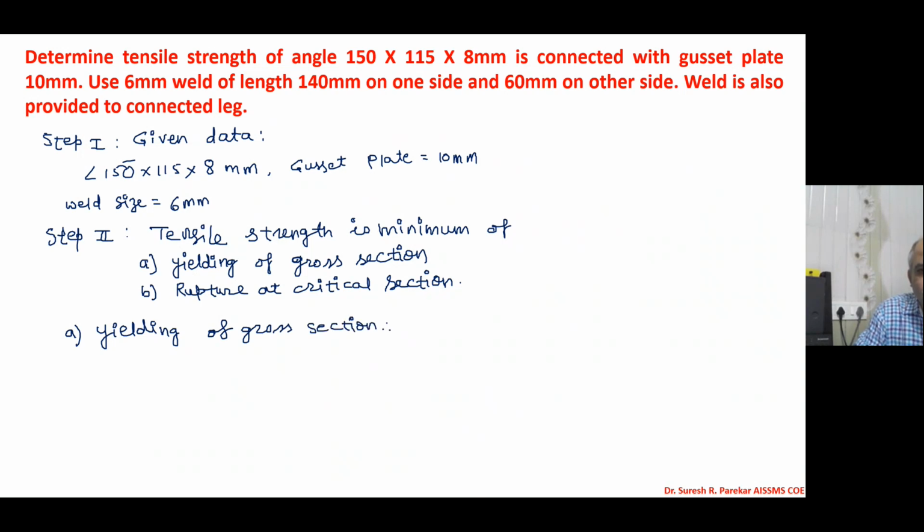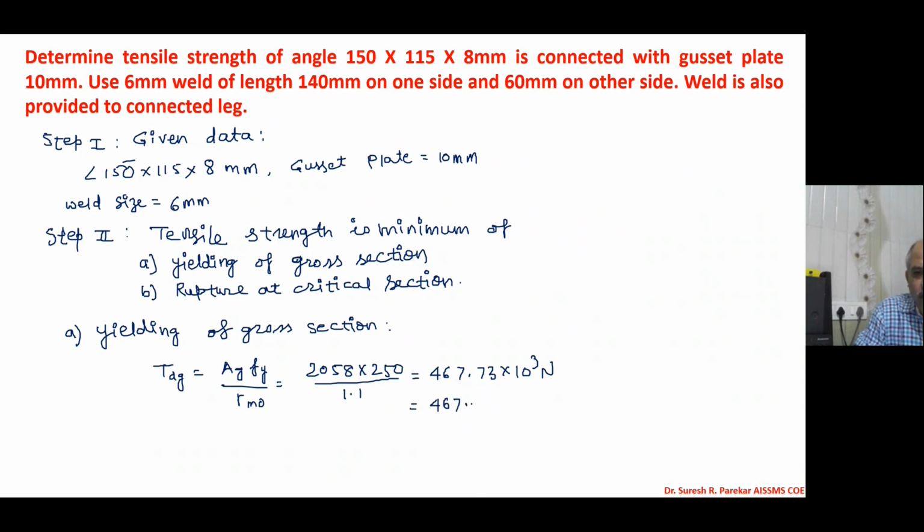So we have TDG is equal to AG Fy upon gamma m0. And we have given AG, that is 2058, into 250 divided by 1.1, and we have this value 467.73 into 10 raised to 3 Newton, which is equal to 467.73 kilonewtons.